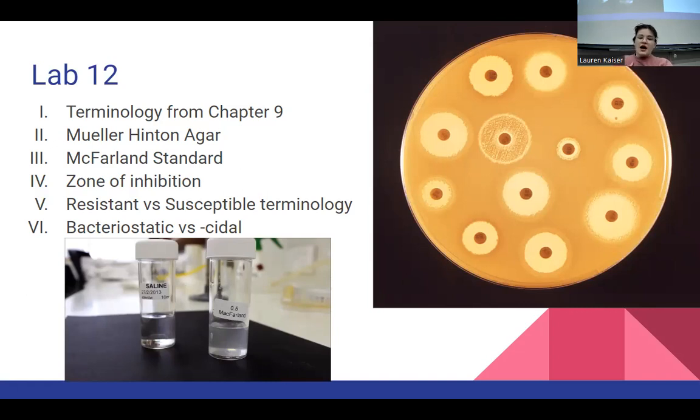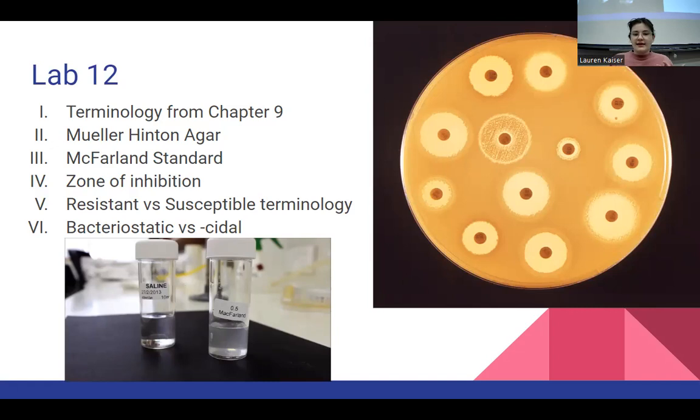There you go. Another thing that messes up people a lot is the term resistant versus susceptible. So I want you guys to look at the root words here. If you are resistant, you're resisting whatever is coming against you. You are tough, right?